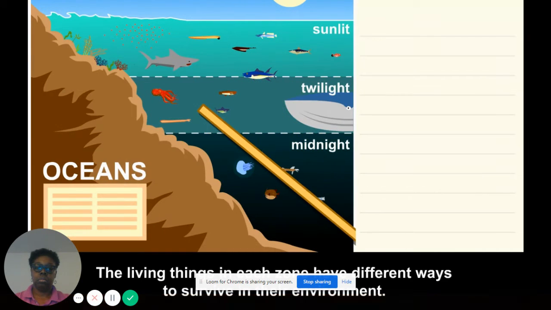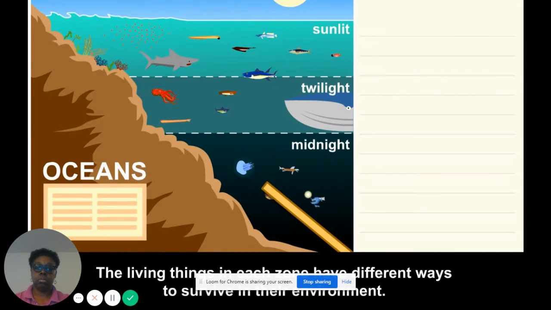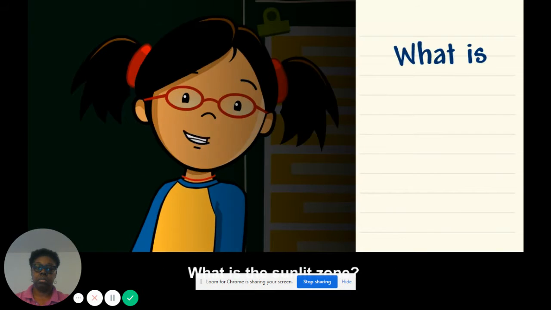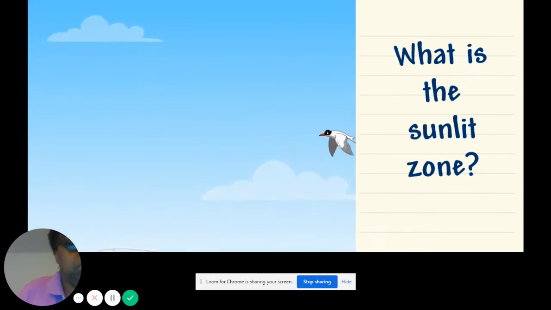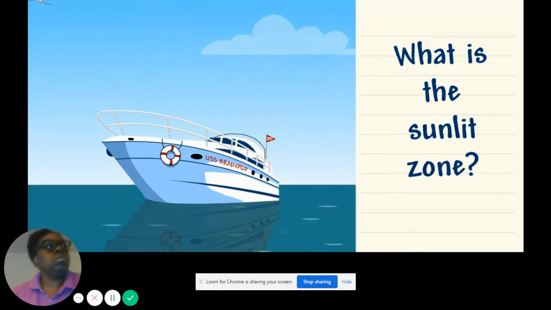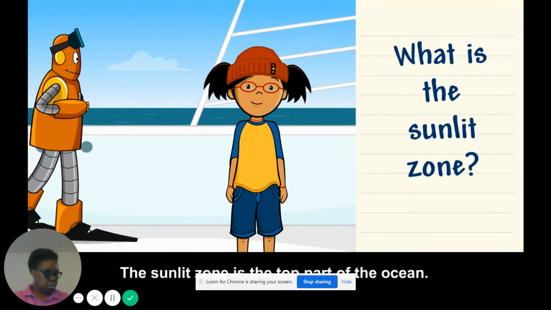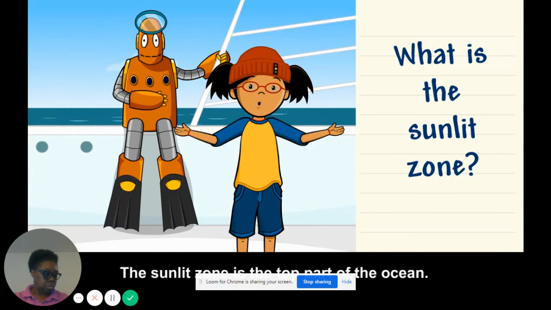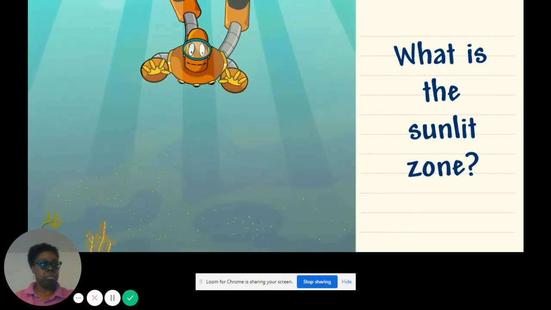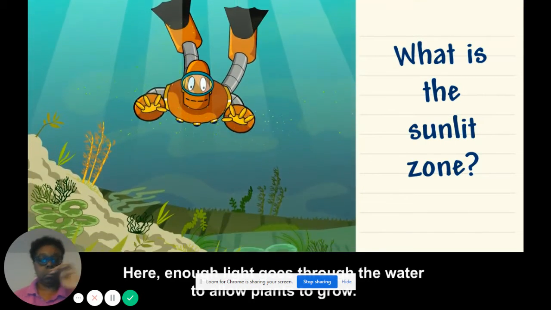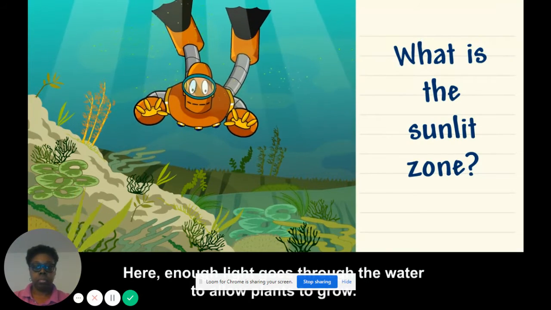The living things in each zone have different ways to survive in their environment. What is the sunlit zone? The sunlit zone is the top part of the ocean. Here, enough light goes through the water to allow plants to grow.